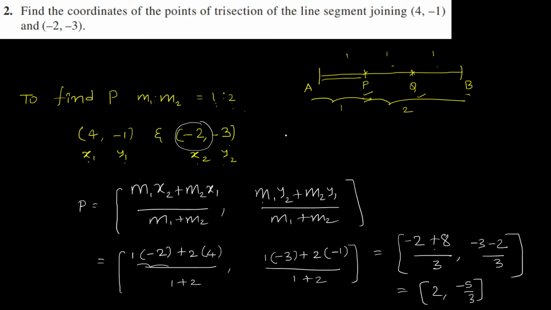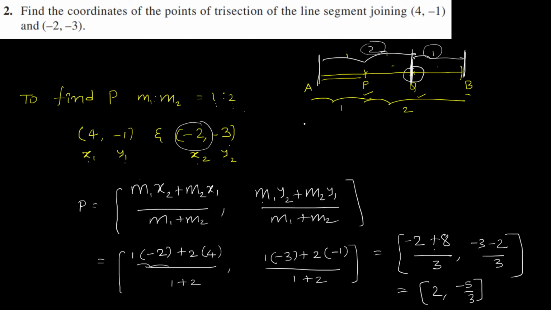Now in the same way, to find the point Q, we have to assume the ratio. Here Q is dividing AB in the ratio of 2 is to 1, because to the left of Q we have 2 parts, and to the right of Q we have 1 part.